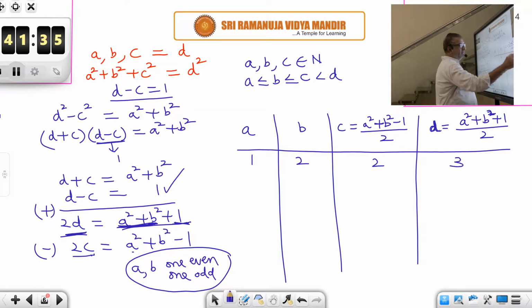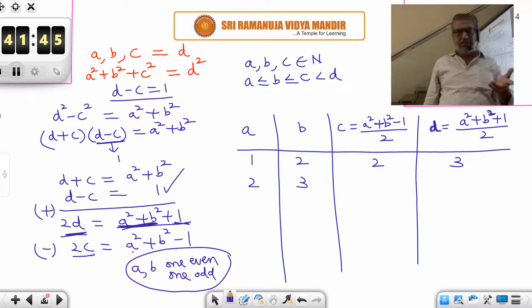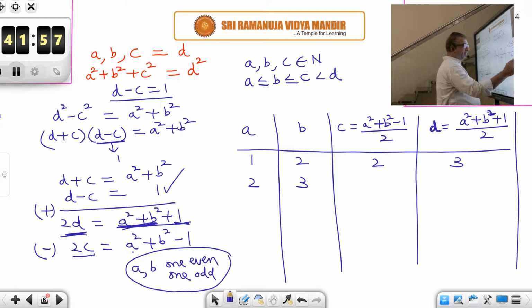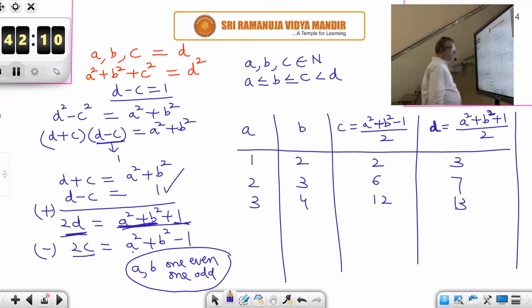Since you have to take one even and one odd, you can take consecutive natural numbers. Out of every 2 consecutive natural numbers, one will be even, the other odd. So you can take 2, 3, then you will get 6, 7. This is our list only. Just now we have seen 1, 2, 2 is equal to 3; 2, 3, 6 is equal to 7; 3, 4, 12 is equal to 13. Like this you will get.